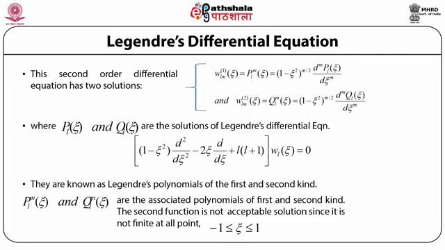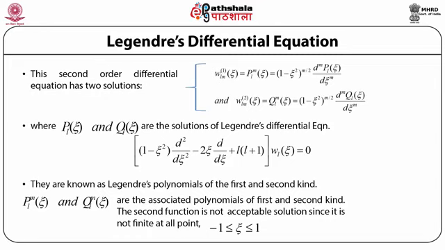And we can write down the general Legendre's differential equation as bracket open within brackets 1 minus xi square times the double derivative with respect to xi minus twice xi times the derivative with respect to xi plus L times L plus 1 bracket closed whole times WL xi is equal to 0.